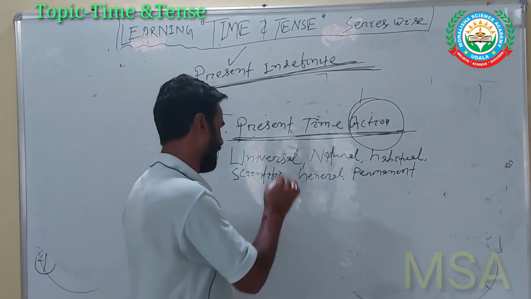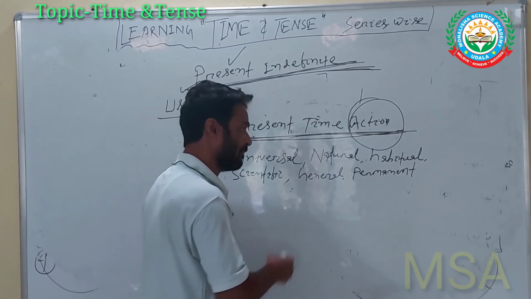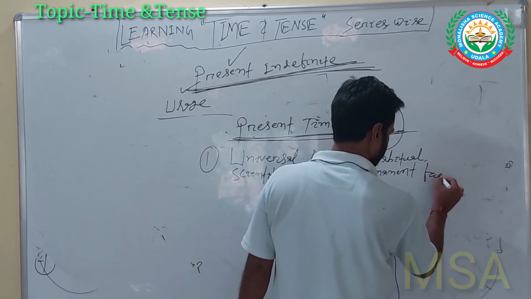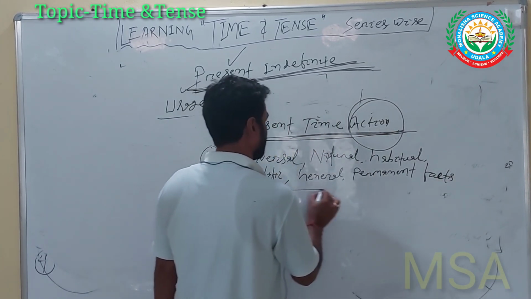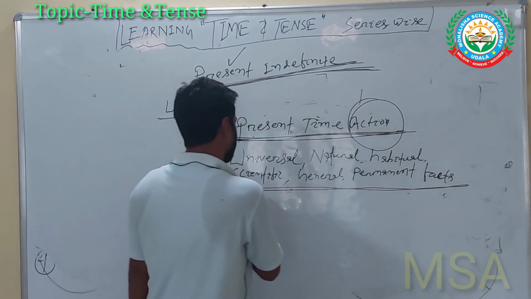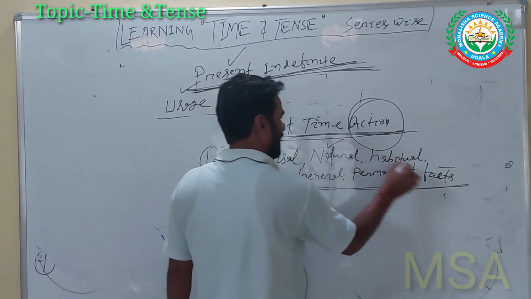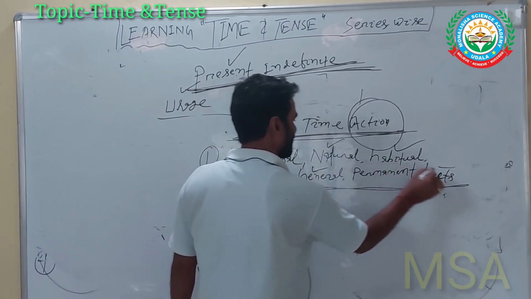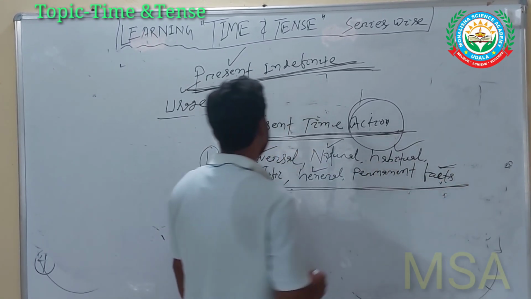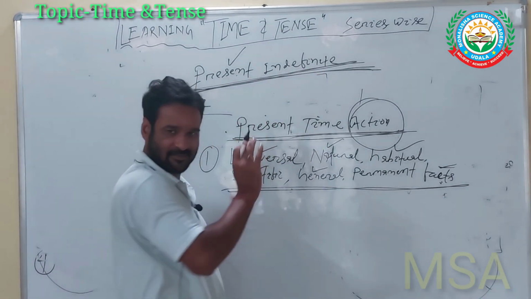Universal, natural, habitual, scientific, general, permanent facts. So we can express the universal facts, the natural facts, the habitual facts, the scientific facts, the general facts, the permanent facts by using the structure of the present indefinite.